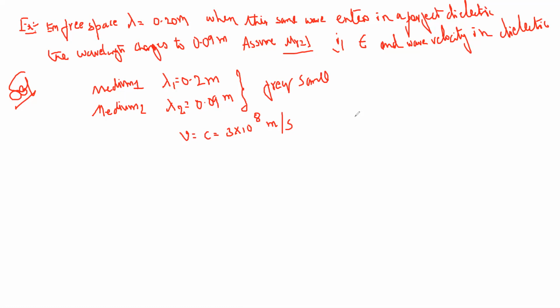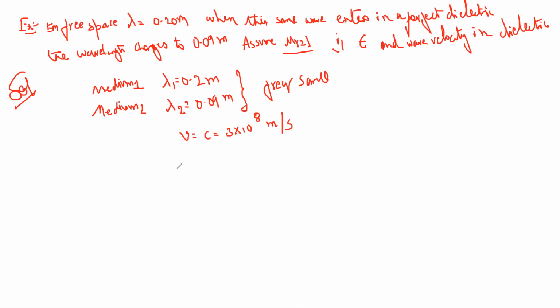They're asking that you have to find out epsilon and the wave velocity in the dielectric. Epsilon is very important here. When there are two media, in one medium lambda 1 is equal to 0.2 and lambda 2 is equal to 0.09.